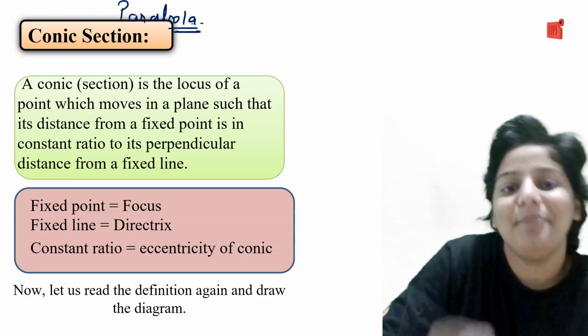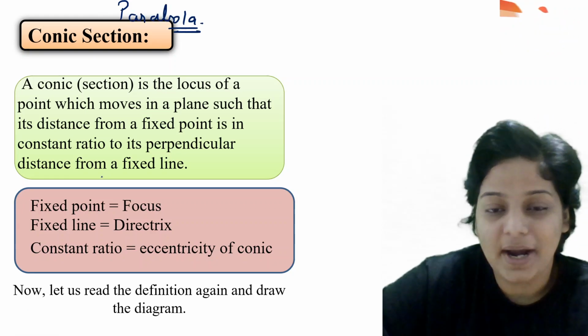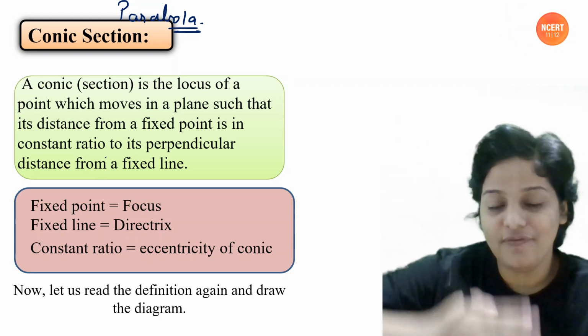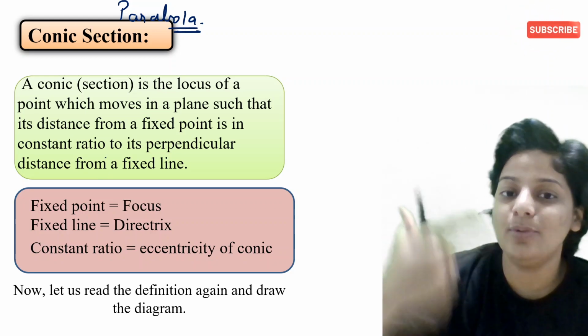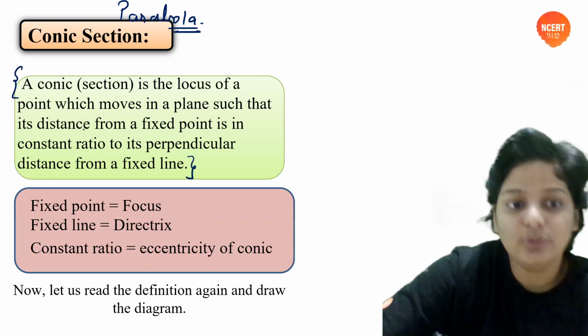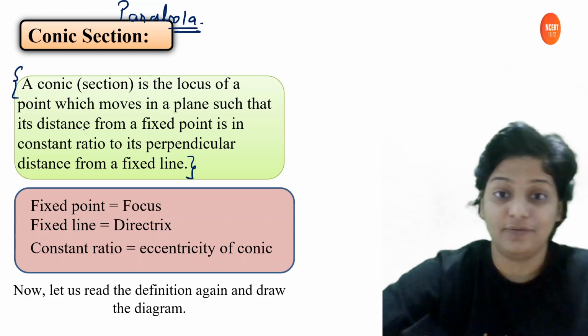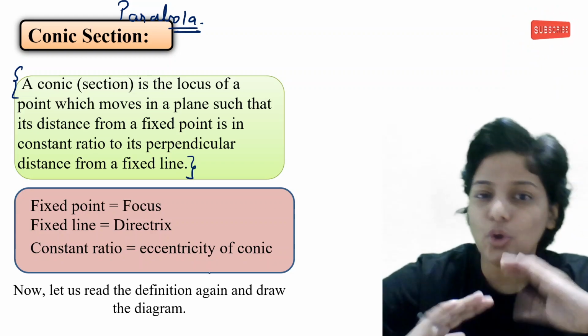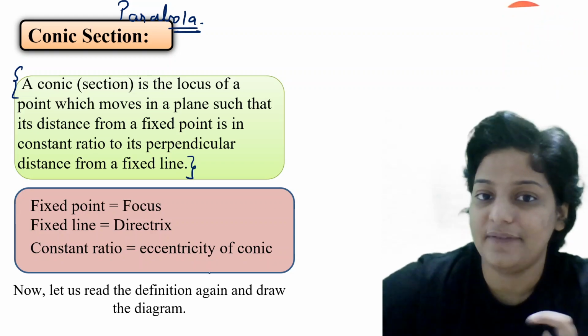What did I say? Parabola. Okay, what is a parabola? So the definition of the next three conic sections, that is parabola, ellipse and hyperbola, is going to revolve around this statement. So try to understand this statement very carefully, because by modifying this statement a little we will make the other definitions.